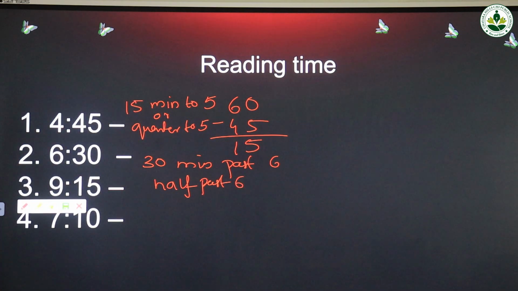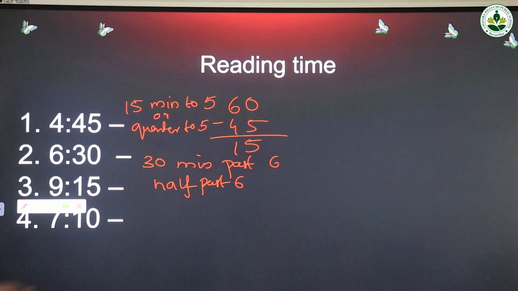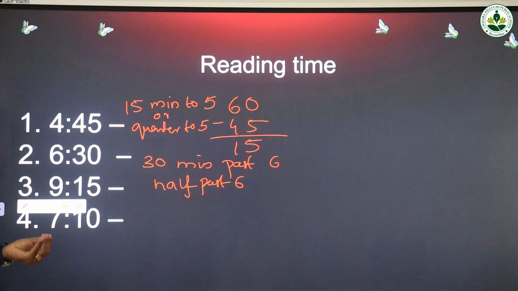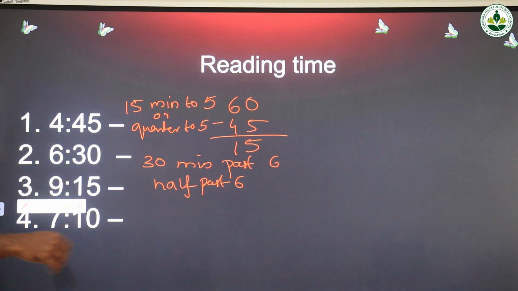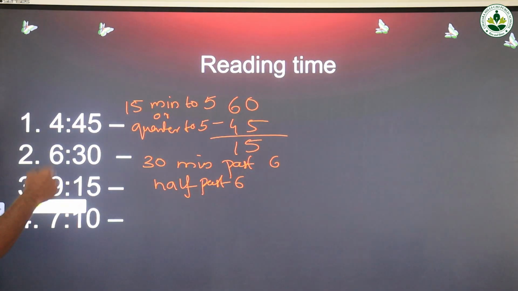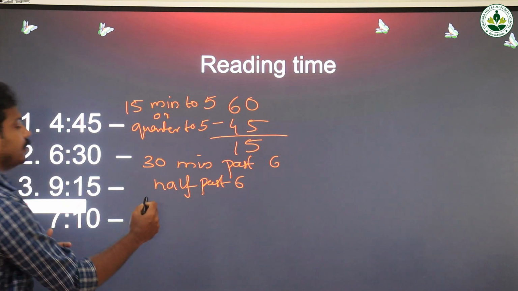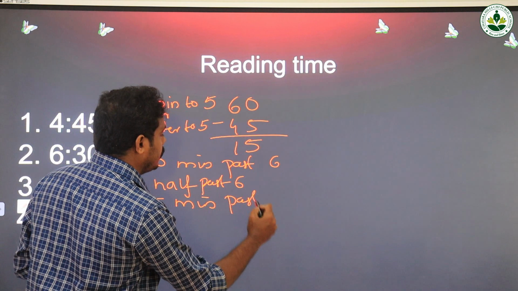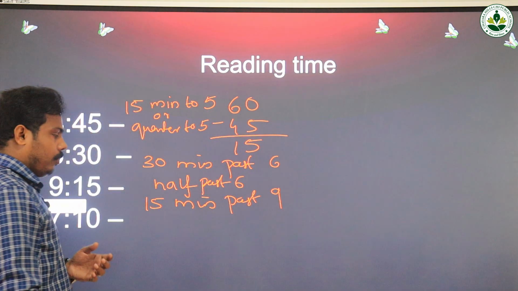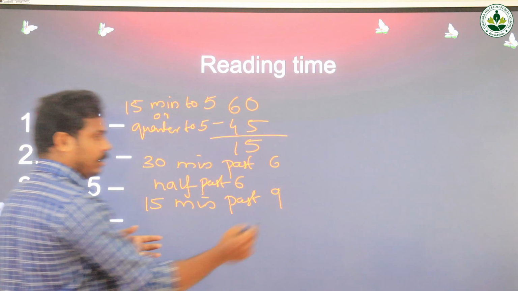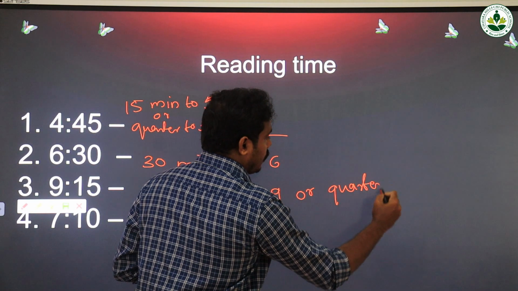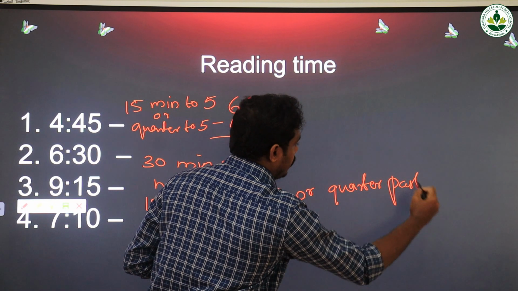We can write half past 6. Next one, 9:15. It is on the right half. So it is past. How many minutes past 9? 15 minutes past 9. Or we can write, instead of 15 minutes, quarter past 9.